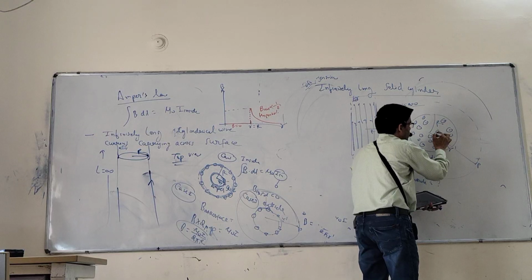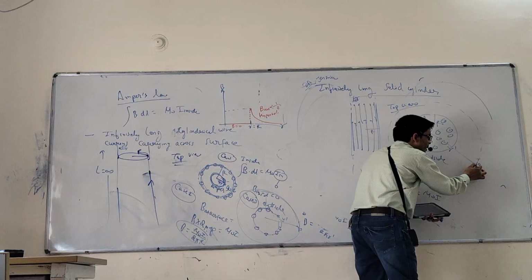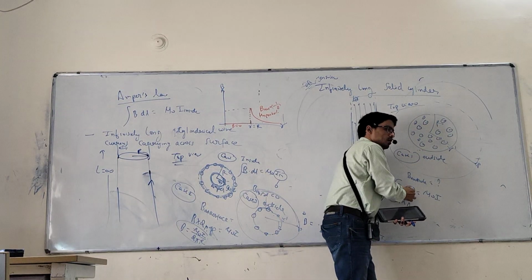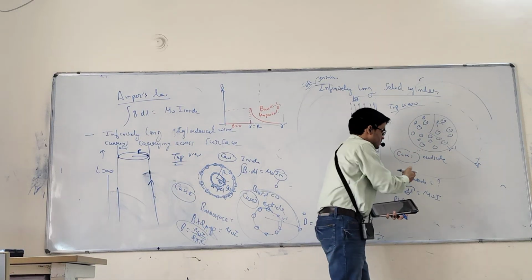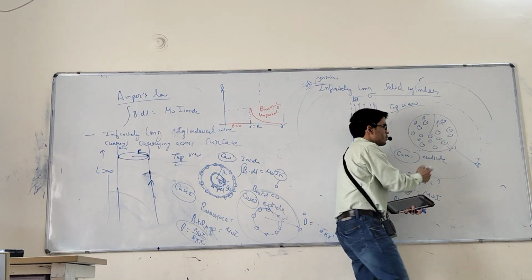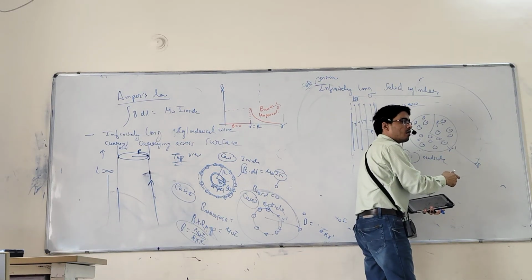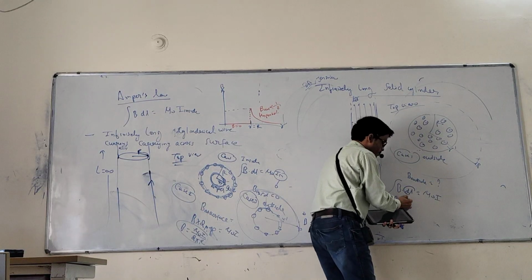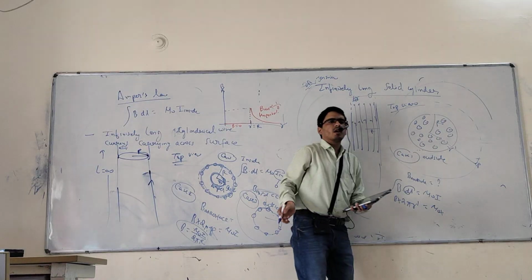R dash or capital R? R dash, right? Always remember this dl is the circumference, and that circumference is for the Amperian loop, not the original loop. So where is the original loop? Capital R or small R? Original is capital R, and that is the Amperian loop. So put here 2 pi R dash equals mu naught. What is the current value?